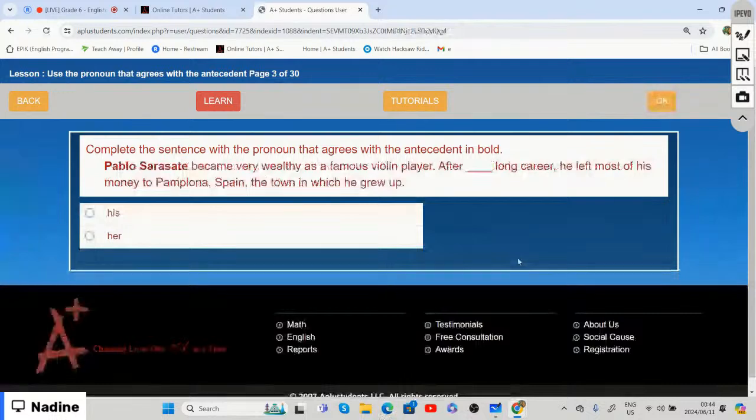All right. Then we also need to refer to Pablo Sarasate. He became very wealthy as a famous violin player. After, do we say after his long career or after her long career, he left most of his money to Pamplona, Spain, the town in which he grew up.